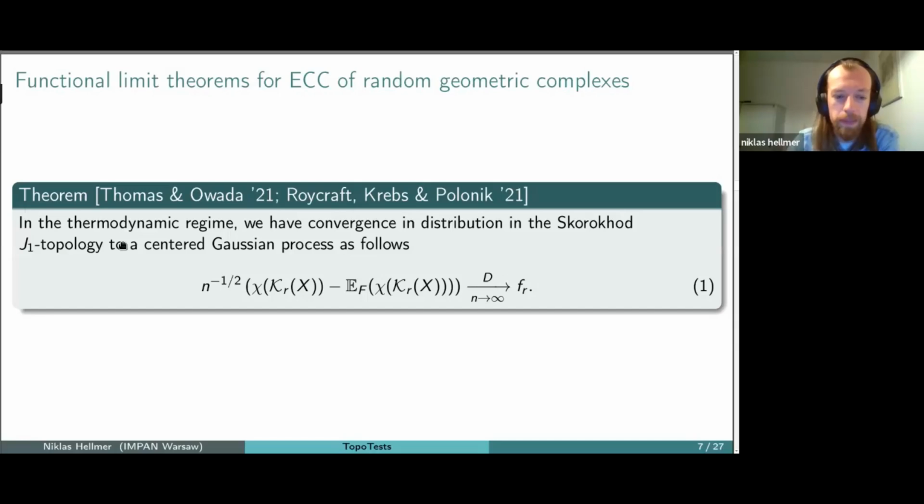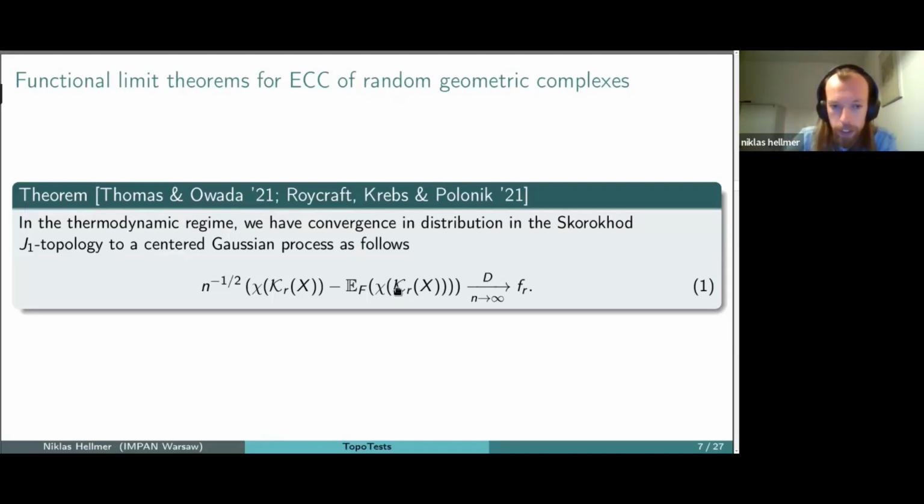Because there have been functional limit theorems by Thomas and Obada and Roycroft, Krebs and Polonik, which say that if you normalize the Euler characteristic curve appropriately, so you subtract the mean, and then you divide by square root of the sample size, then this converges in distribution to a centered Gaussian process in some special topology, which basically allows you to wiggle your curves a little bit in horizontal and in a vertical direction.